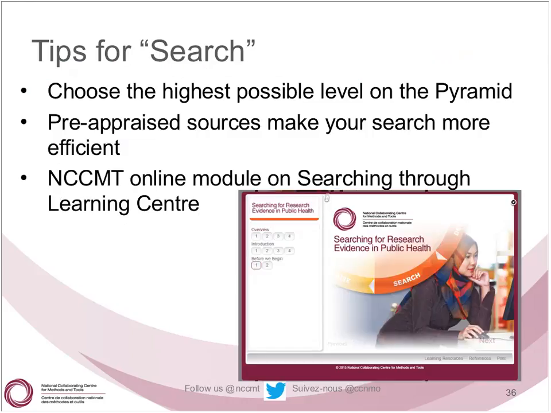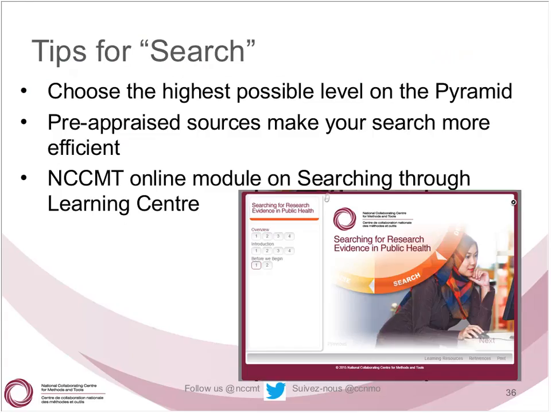So, some tips for that searching phase: choose the highest possible level on the pyramid, get those most synthesized sources, because that will save you money and save you time. The pre-appraised sources make your search more efficient, so we really suggest doing that. If you want to learn more about searching, go to the Learning Center at NCCMT.